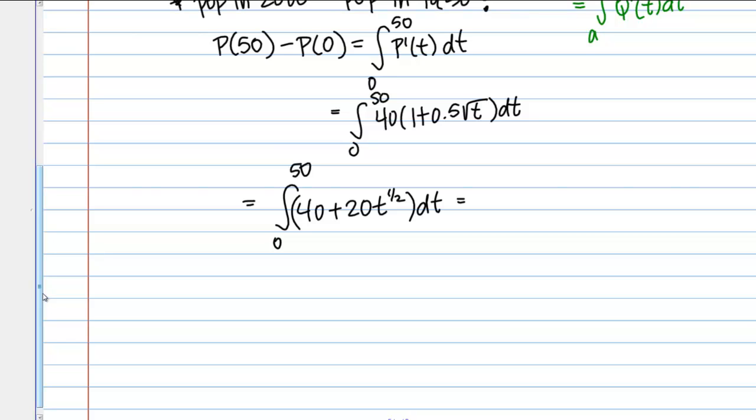Okay, and then I want to find an antiderivative of that. So if I take the antiderivative, that's going to get me 40t plus, the 20 is a constant multiple, so it can just hang out, 20t, and I'm going to add 1 to the power, so that's going to become 3/2 over 3/2. And I'm going to evaluate that from 0 to 50.